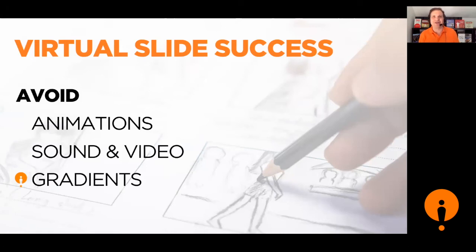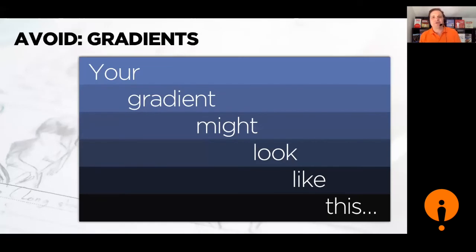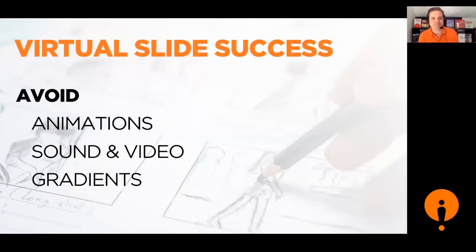It looks good, but not always at the other end of an online meeting, because on the other end they will have lower color definition, and therefore your gradient might just look like a whole lot of stripes. Now, I like stripes. Stripes can be fine, but if you're not intending to have stripes, best to avoid showing a gradient. It might not work so well. So those are three things to avoid. Avoid the animations, avoid sound and video, avoid gradient type backgrounds and shapes if you can.